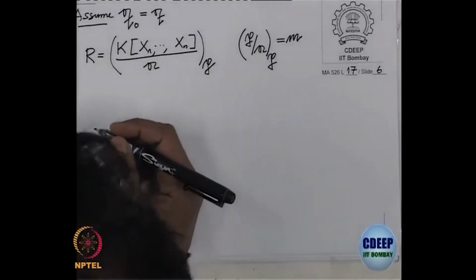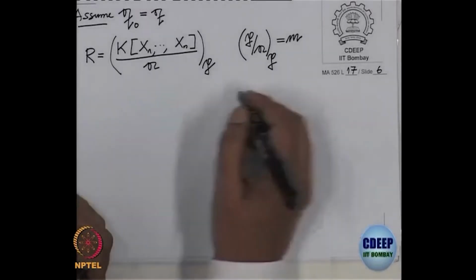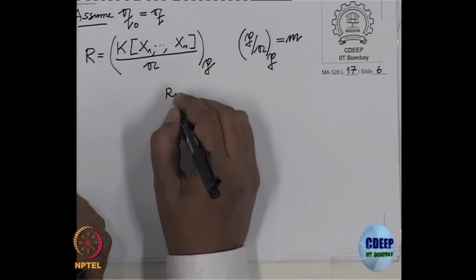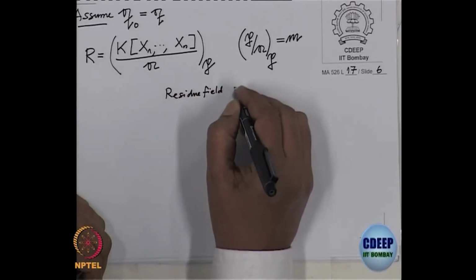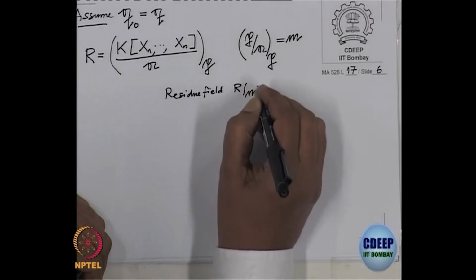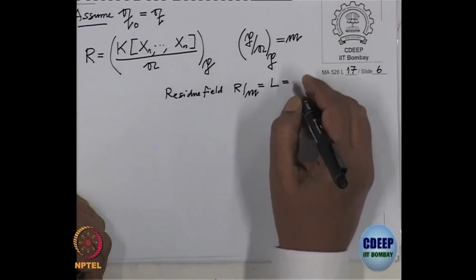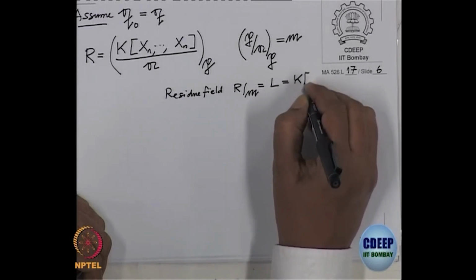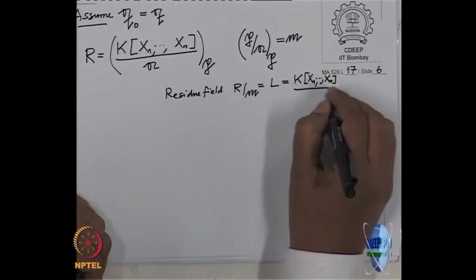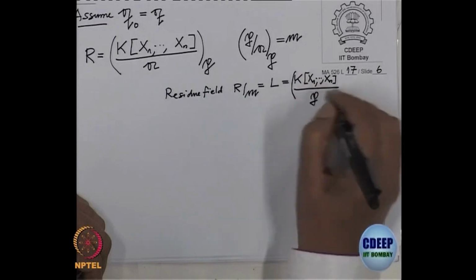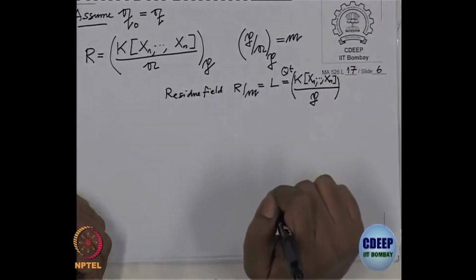Okay. And what is the residue field? The residue field is R by M, which is L, which is you take K[x1, x2, ..., xn] mod P and then the quotient field of this, that is the residue field.